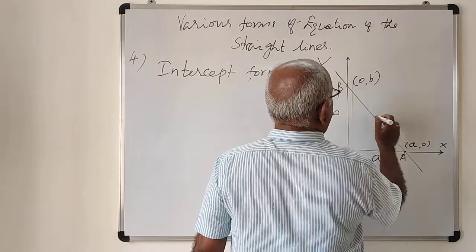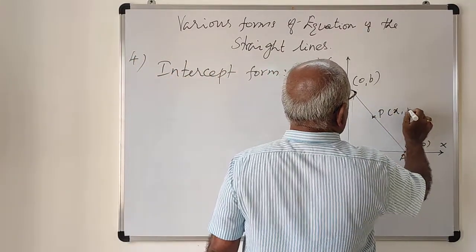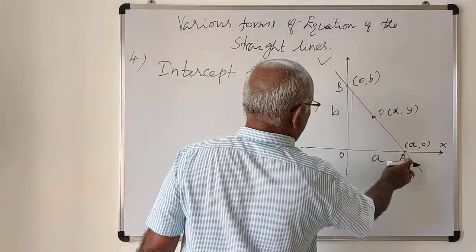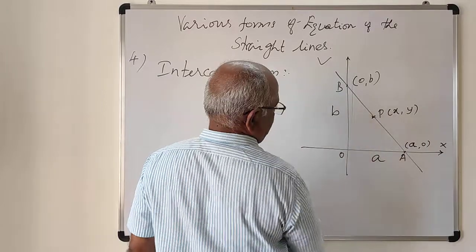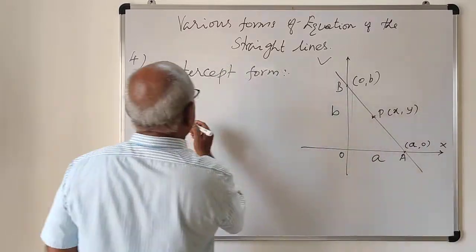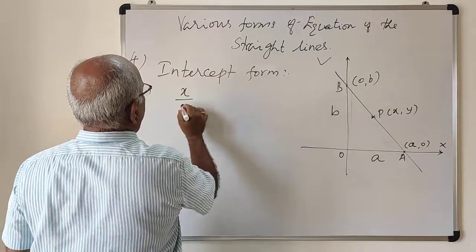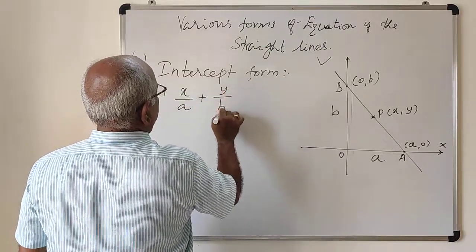P(x, y) is any point on the line. OA is called the x-intercept, OB is called the y-intercept. That's why it is called intercept form. The equation is x by a plus y by b equal to 1.